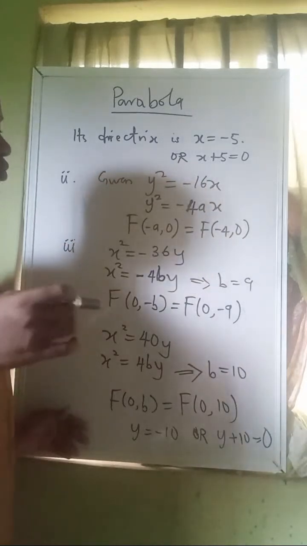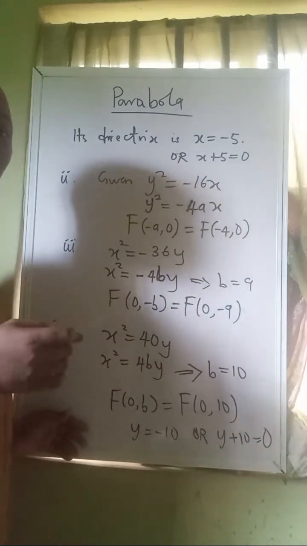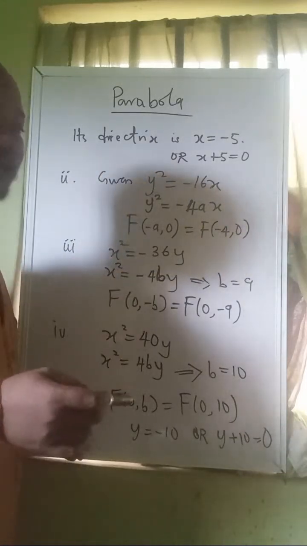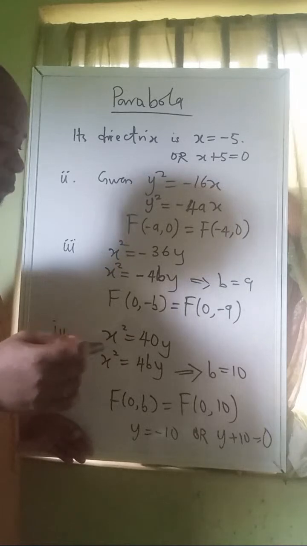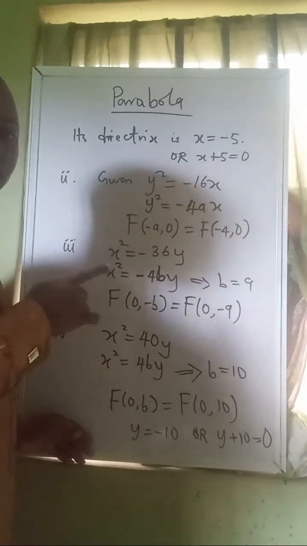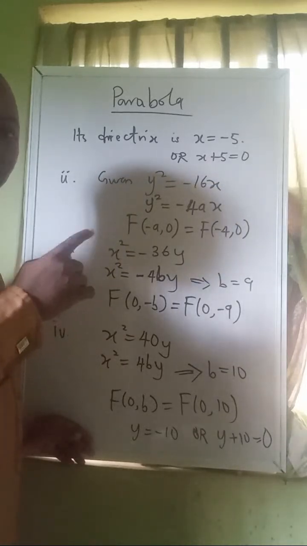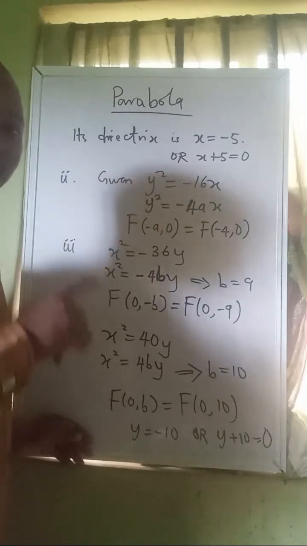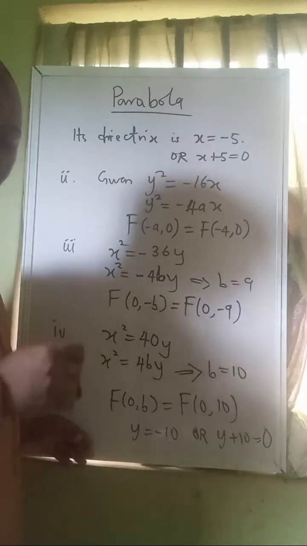There are many cases where we can have a parabola whose vertex is not at the origin. But before that, let's quickly look at the tangent and normal of a parabola whose vertex is at the origin.